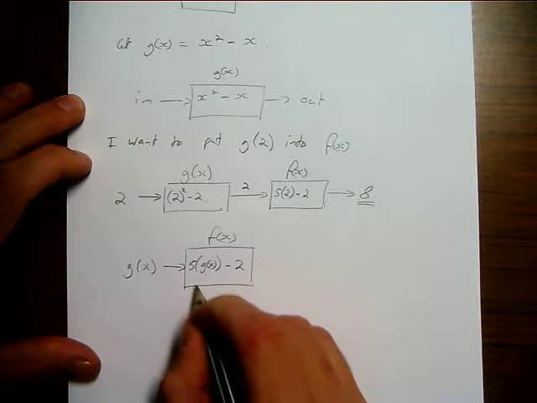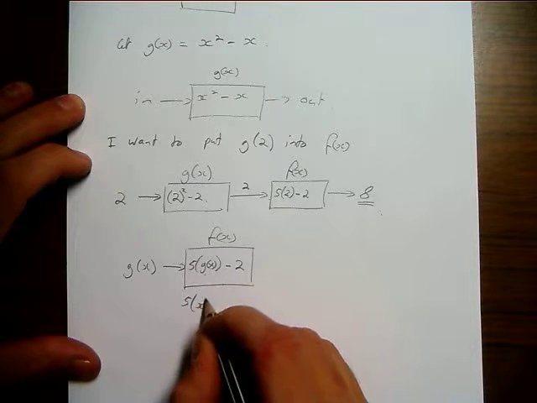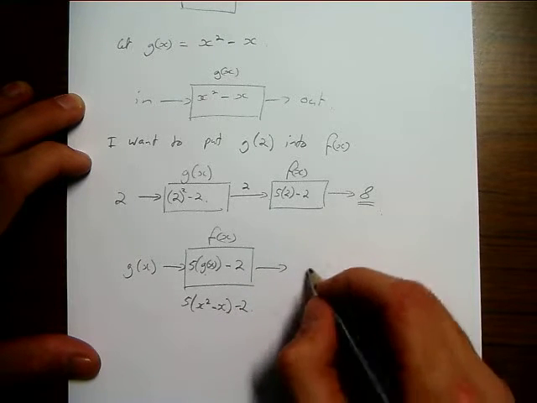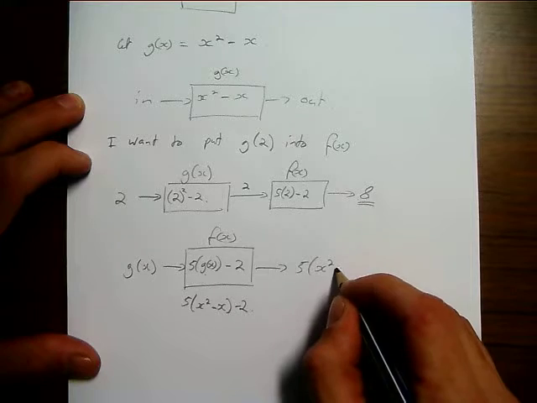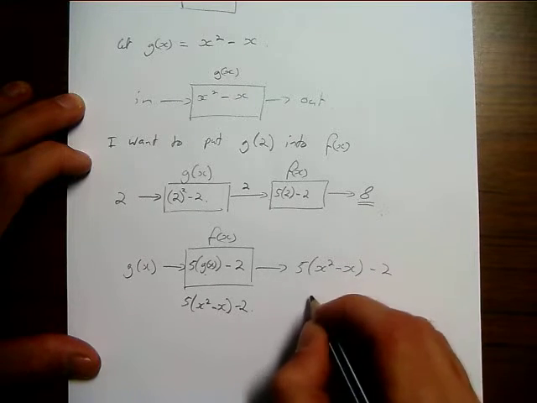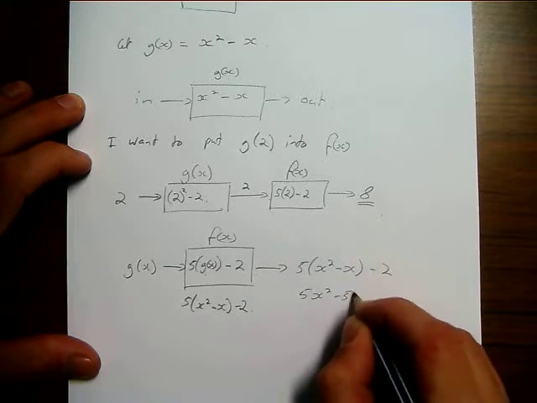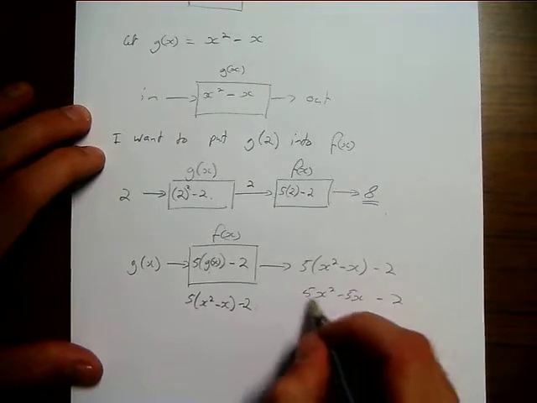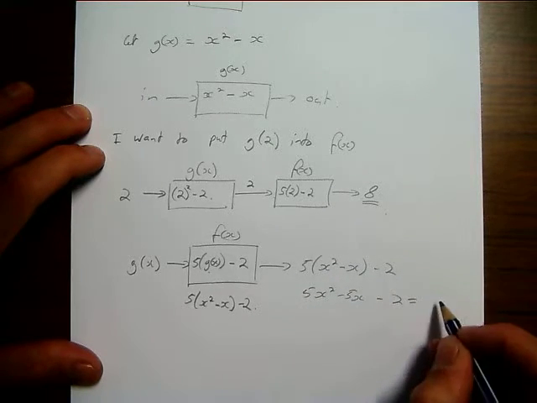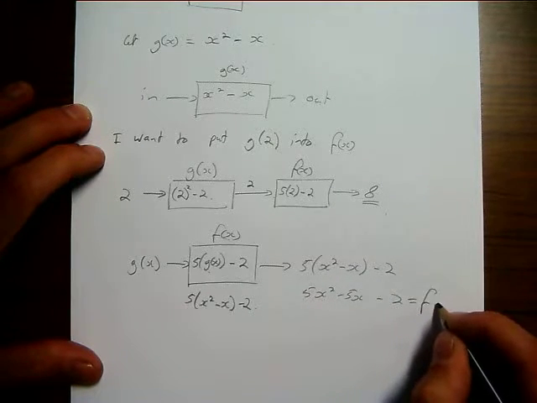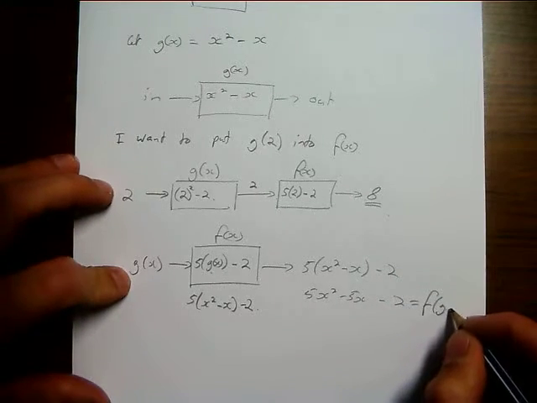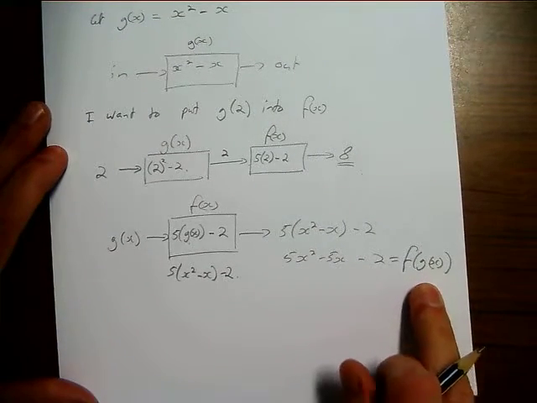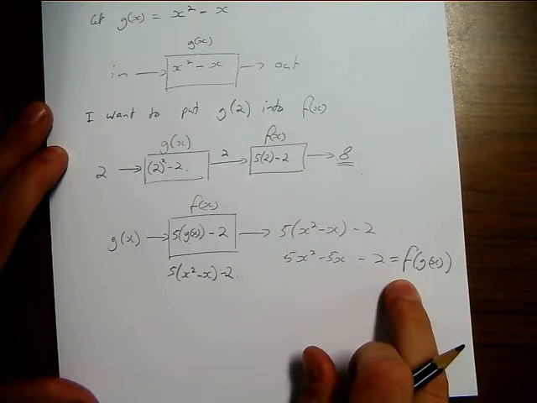So I've got 5 times x squared take x take 2. My output is 5x squared take x take 2, which I can expand to 5x squared take 5x take 2. This is actually f of x, but I've inputted g of x into it.